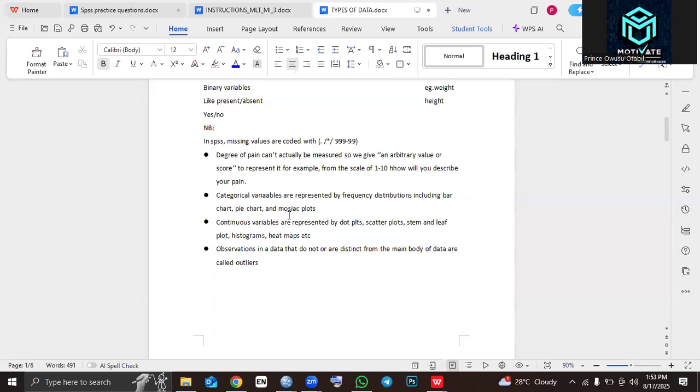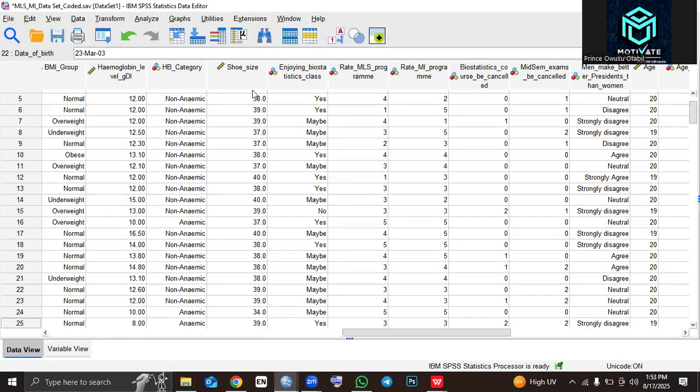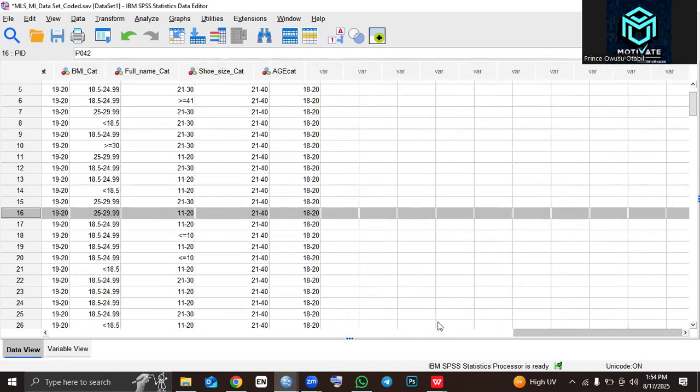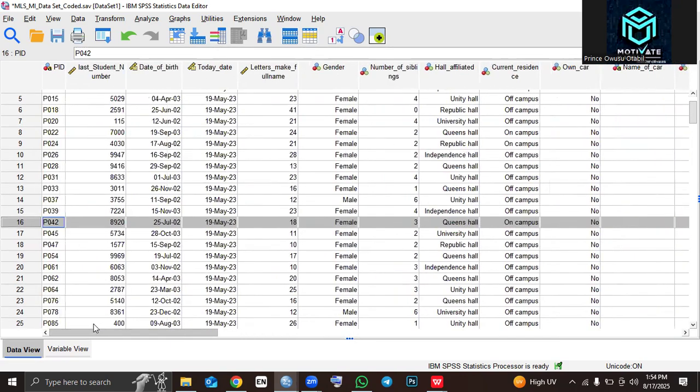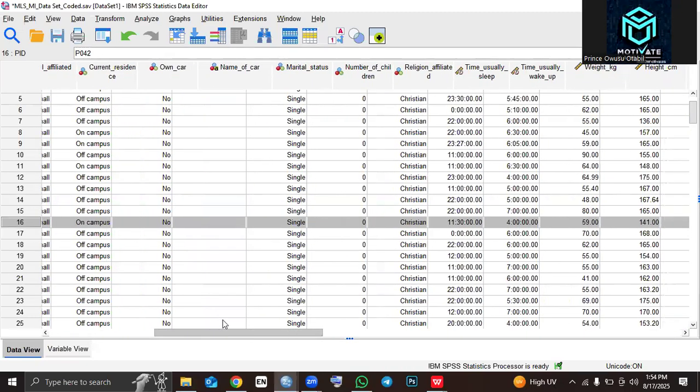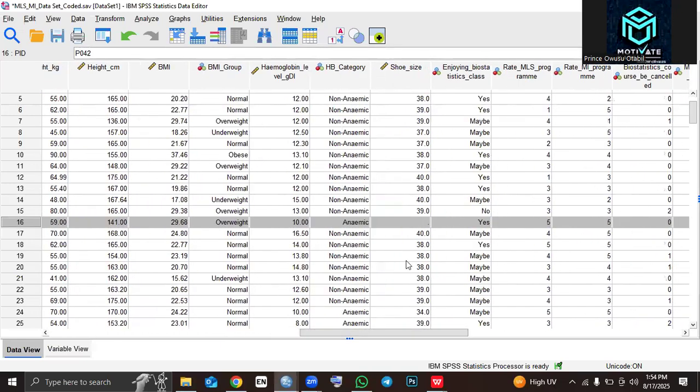Please note, in SPSS, if you are inputting data and you miss, for example, assuming I was entering shoe sizes and I don't enter the shoe size for number 15, you see there's nothing there, it's blank.